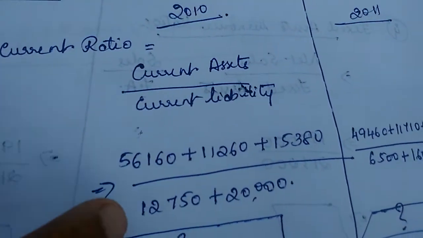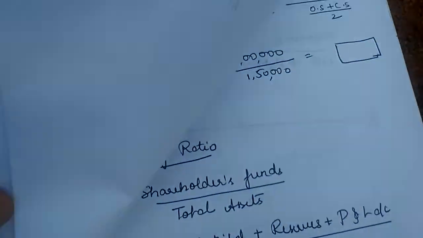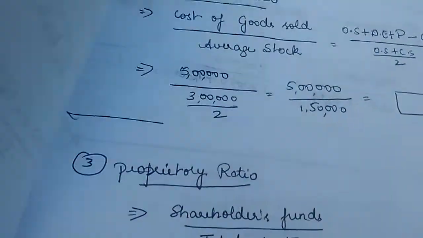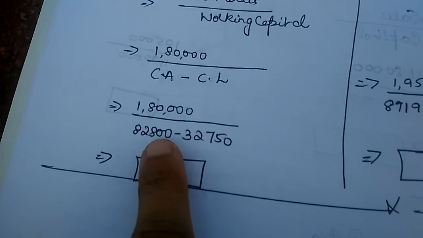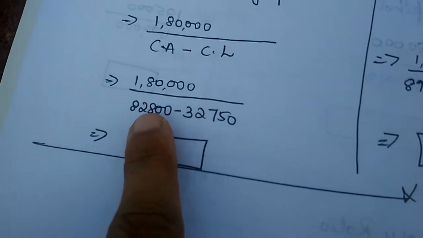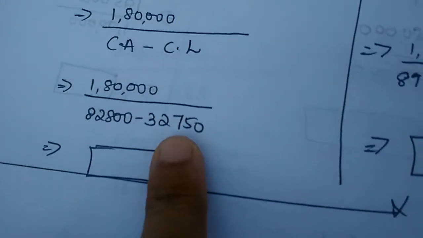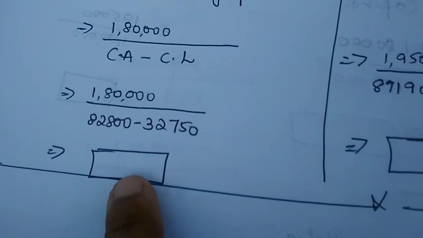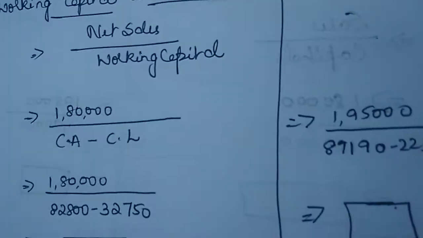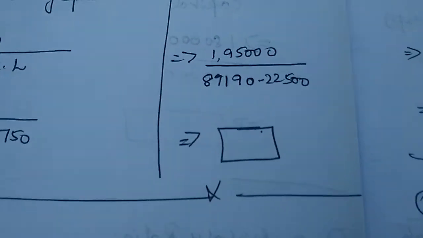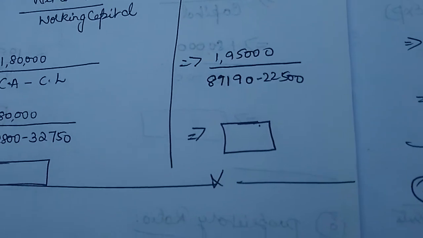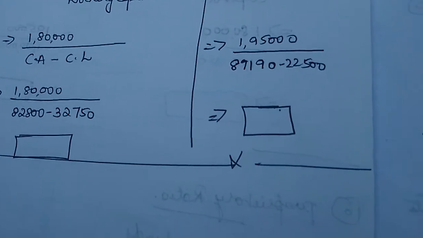So numerator minus denominator will help to solve your last sum. This 82,800 is the numerator value, this is the denominator value. So this is how you can get it. For 2011, same step, same item, but value differs, amount differs. So that is the end of your first sum.